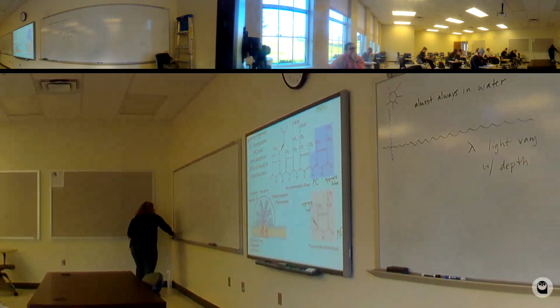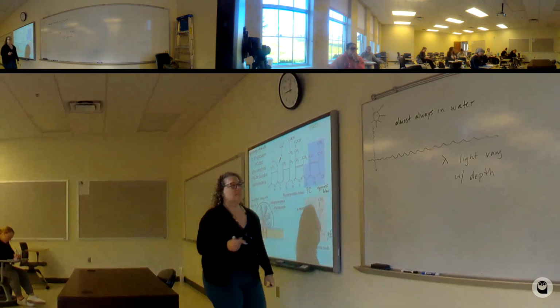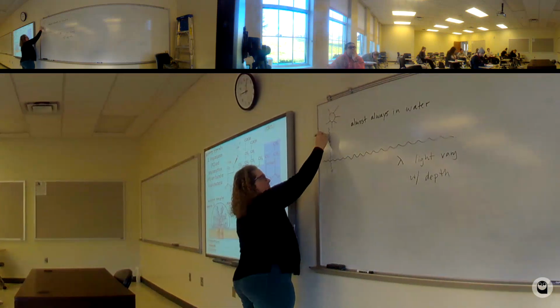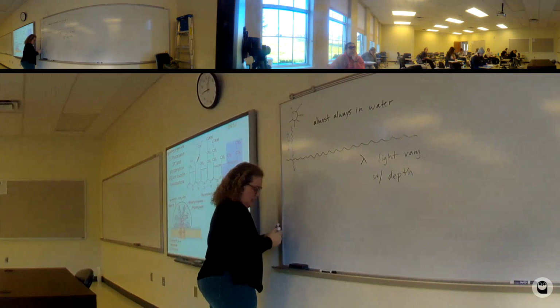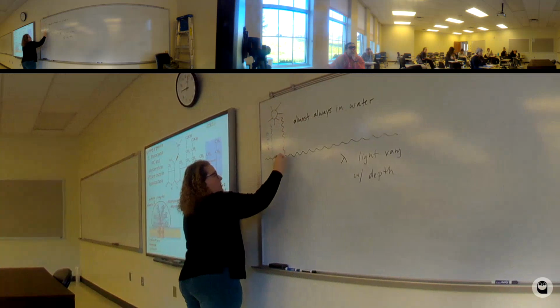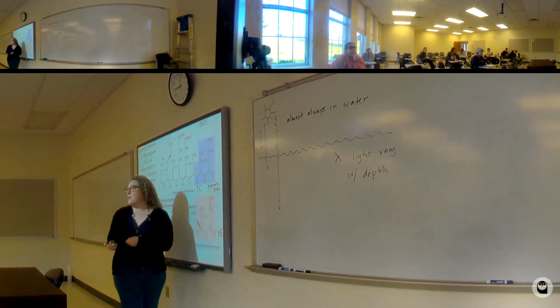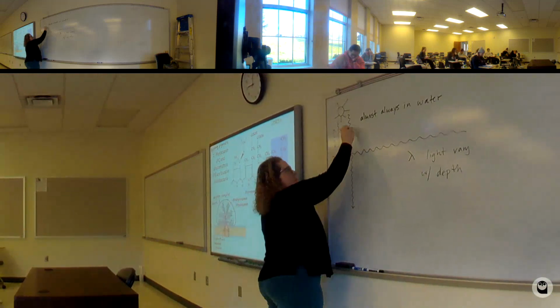Red light, this one needs a purple marker to represent red light. So this is the blue end of the spectrum. The red end of the spectrum, that'll work, it's reddish. Red light, because it's longer wavelength, penetrates further into the water column.